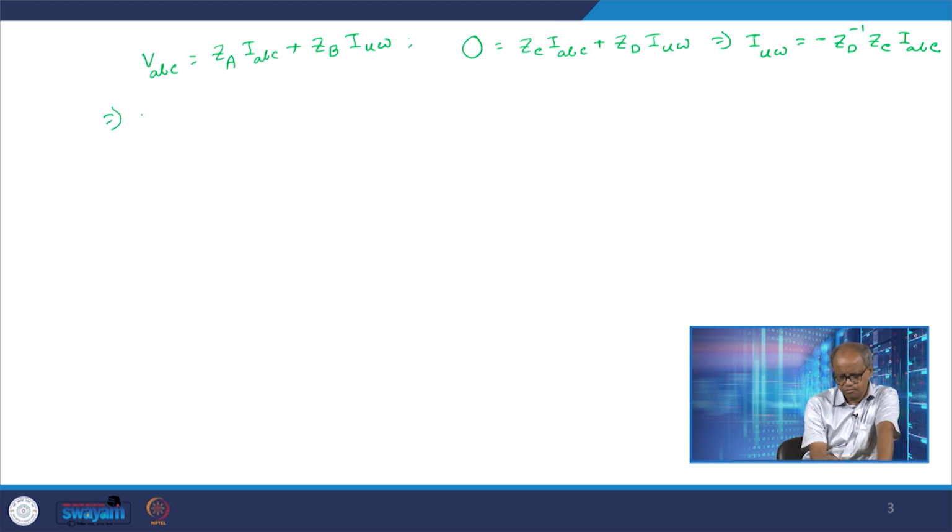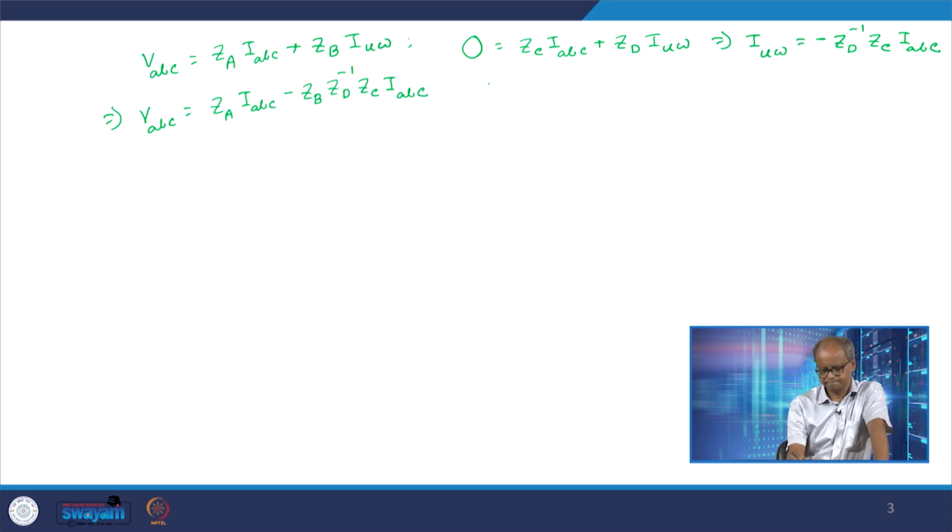This process is essentially called the Kron reduction technique. Then minus ZB ZD inverse ZC into IABC.